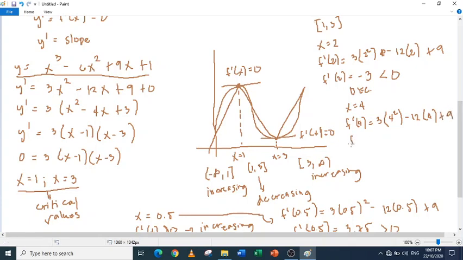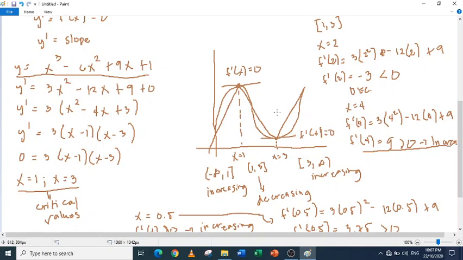So, what is f prime of 4? So, calculate natin. Okay, so, positive 9, which is greater than 0. So, we can say that at this interval, the function is increasing. Okay?